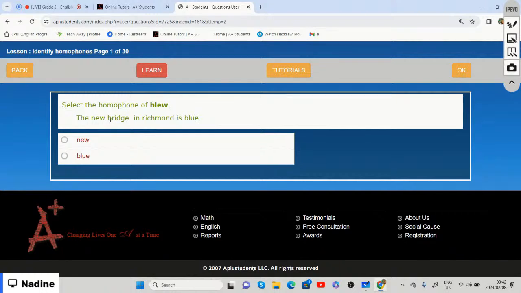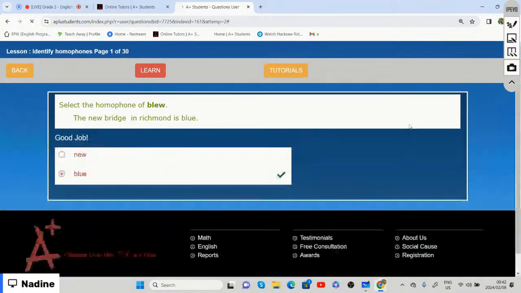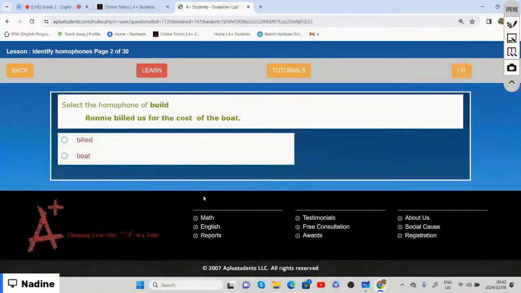All right, so if we choose the homophone of blue, then we will choose the second option, which is BLEW, which refers to a color, and usually they say this color is a boy color, right? But girls also love blue. So blew is the homophone of blue. So well done.